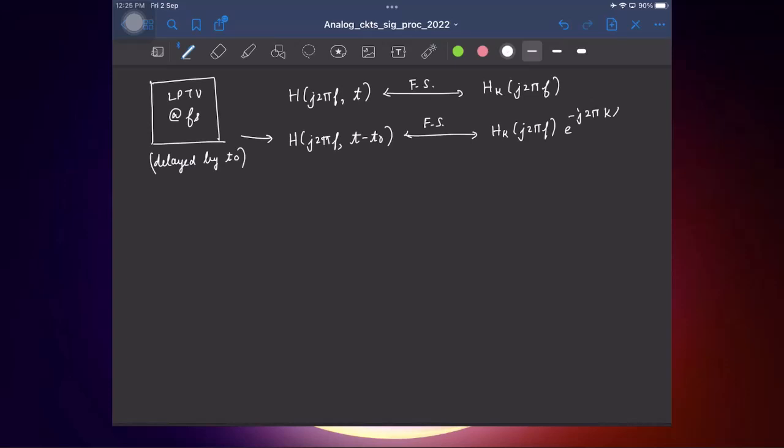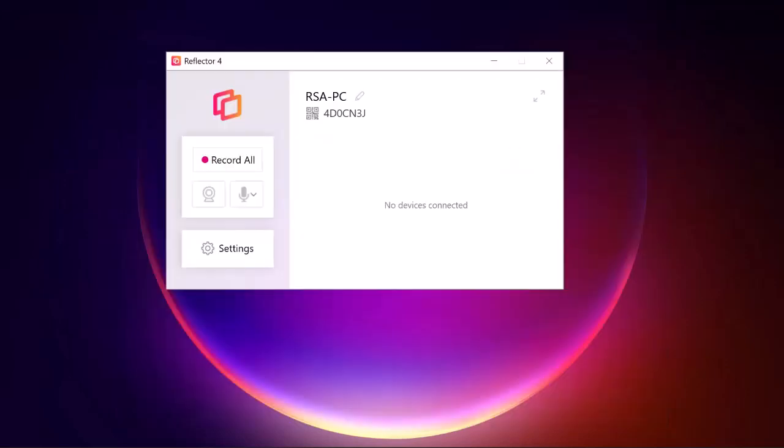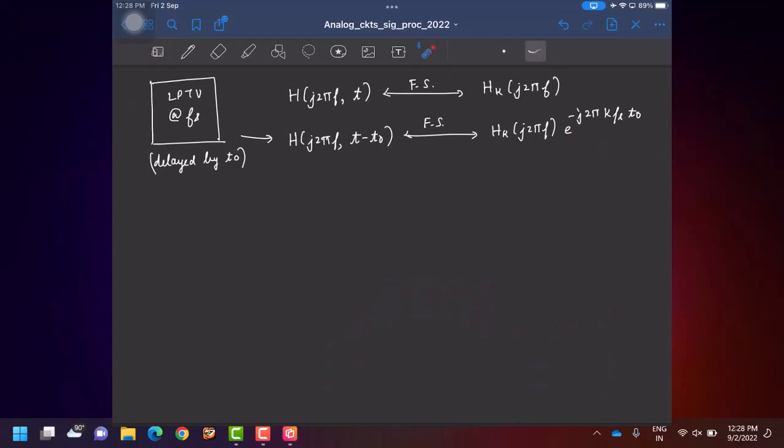Is it fine? For the kth harmonic transfer function, the frequency is k fs, the delay is T0. Yeah, so if we have the same LPTV system which is delayed in time by T0, for the harmonic transfer functions we just have a phase shift.